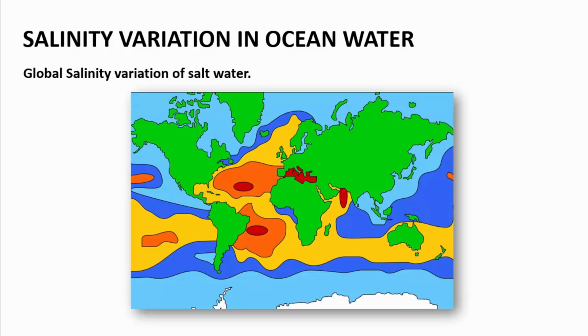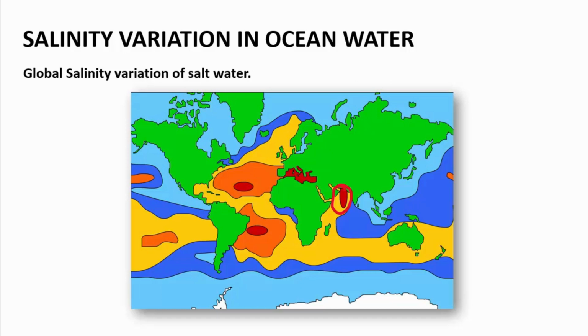So if you look closely at the Arabian Sea, between the Arabian Peninsula and the Indian Peninsula, you'll see that the red color shows the maximum amount of salinity. Why maximum salinity is observed in this particular region is because of the hydrological cycle, and that is because of the effect of the Indian monsoon.